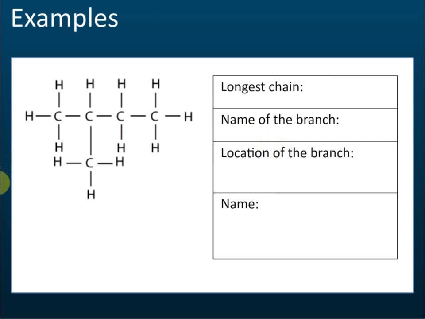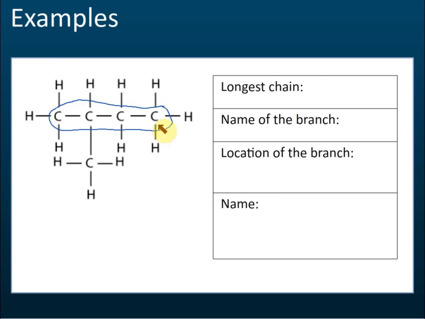If you want to write the IUPAC name, the first thing you need to do is to identify the longest chain of the molecule. For example, in this case, this can be the longest chain. The longest chain has 4 carbons.